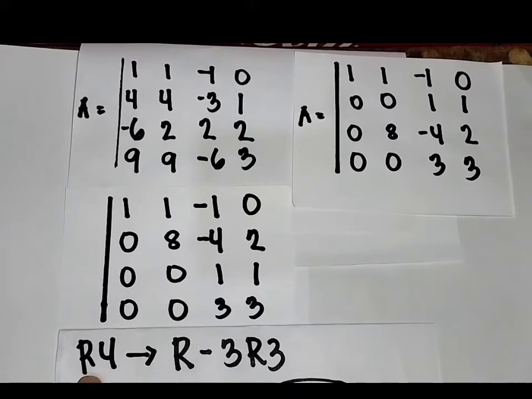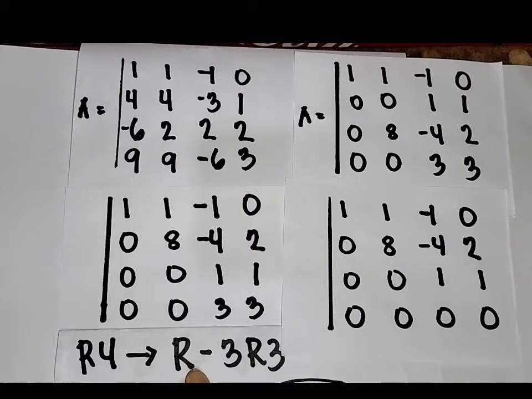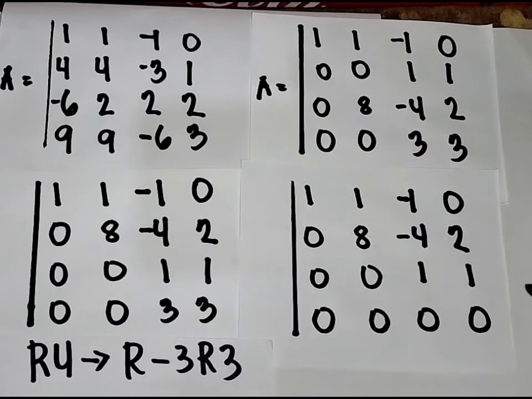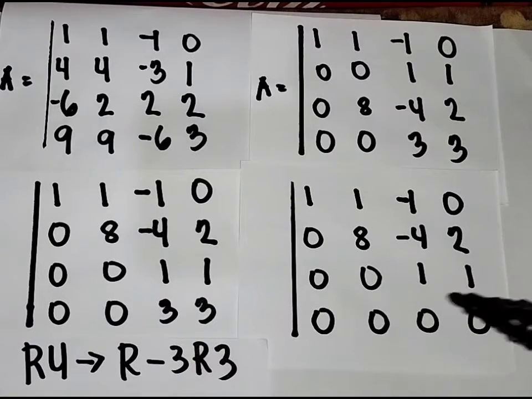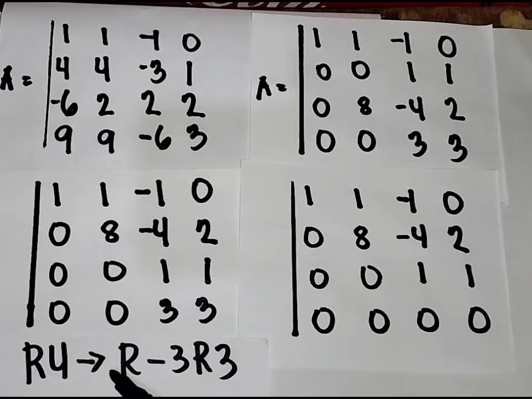So, with the use of this solution, row 4 will be equal to R4 minus 3R3. So, 0 minus, ganito po ang formula. So, you will get the value of... Paano makuha itong magiging ganito siya is itong row 4 is from R4 minus 3R3.